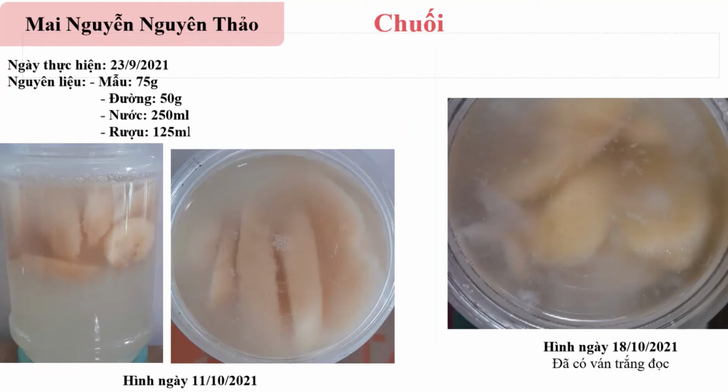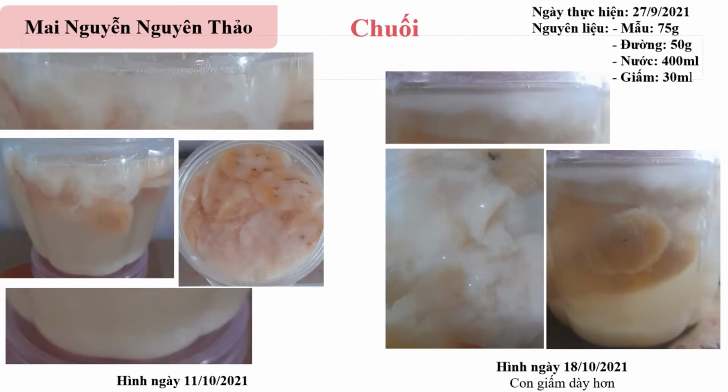The banana sample was made on September 23rd, but by October 18th it began to form vinegar, because alcohol inhibits the growth of microorganisms. The film is thicker, vinegar is forming, with a mild sour taste.